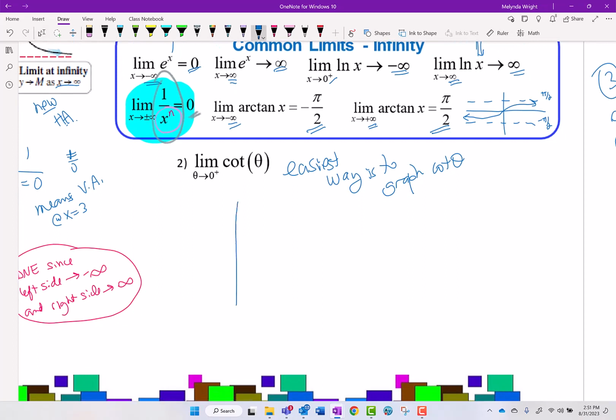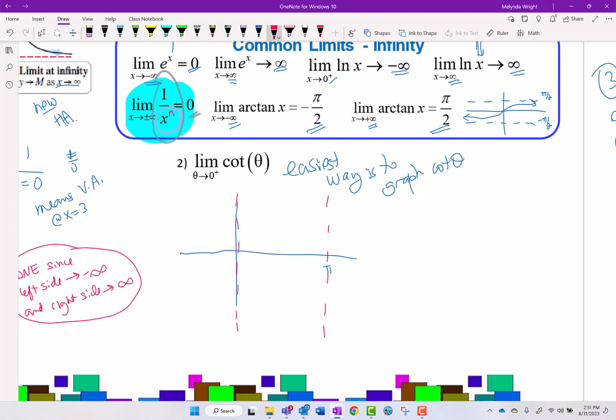So do you need to know how to do 4 transformations of a trig function? No, we're not going to do crazy graphing like we did previously. This is just basic graphs like cotangent. So the basic cotangent graph has an asymptote at 0, and it comes out to pi. It has another asymptote at pi.